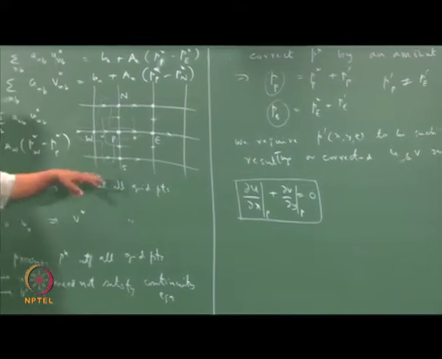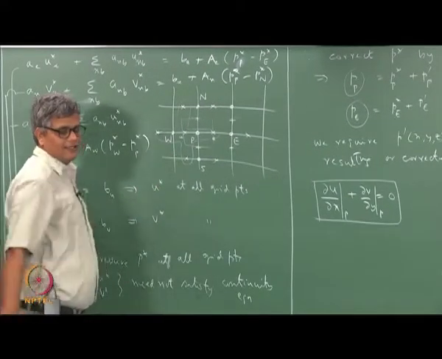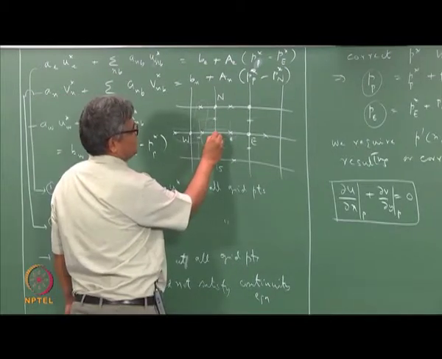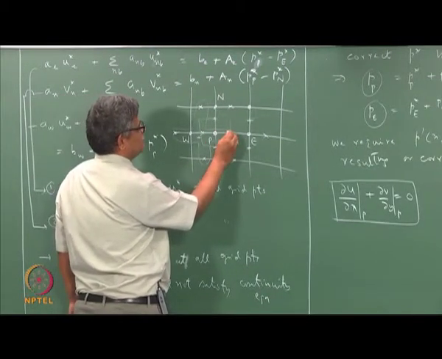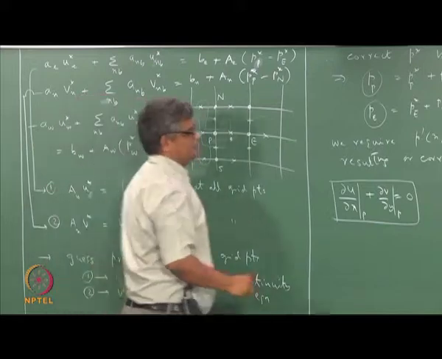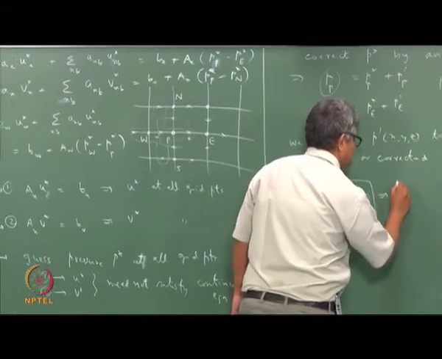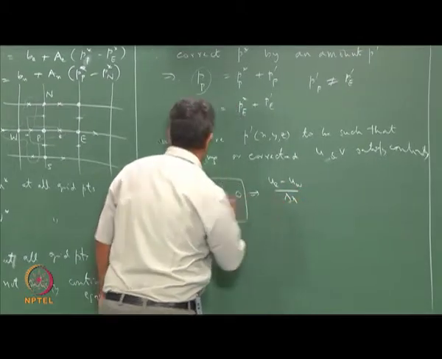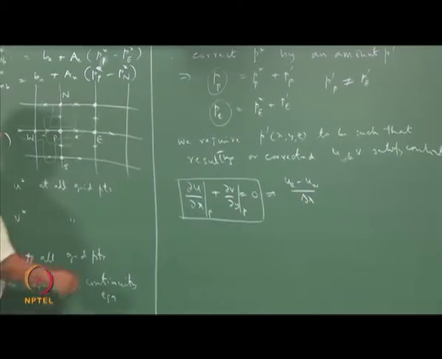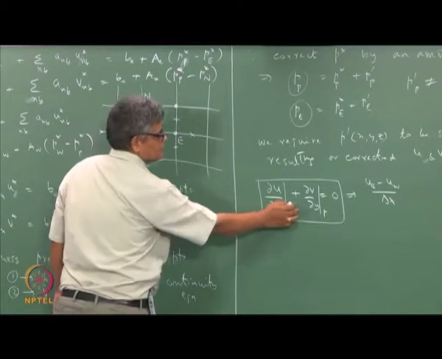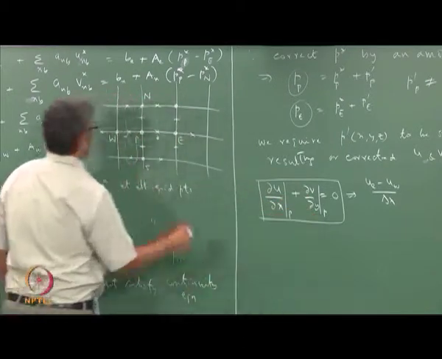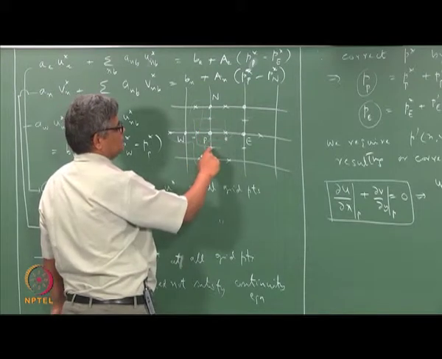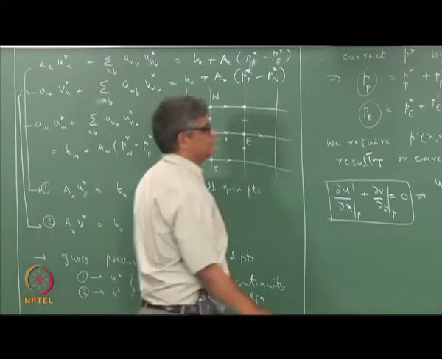So, for that the staggered grid arrangement really helps us, because dou u by dou x at this point can be written as ue minus uw divided by delta x. So, this is the approximation for this derivative, and dou v by dou y at capital P here can be written as v north minus v south divided by delta y.